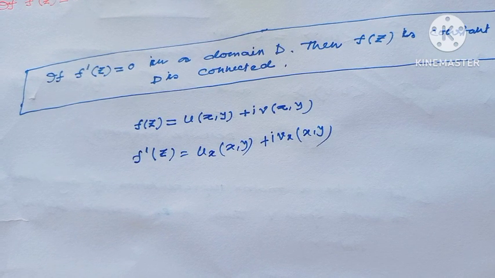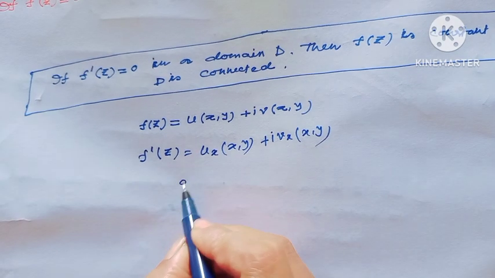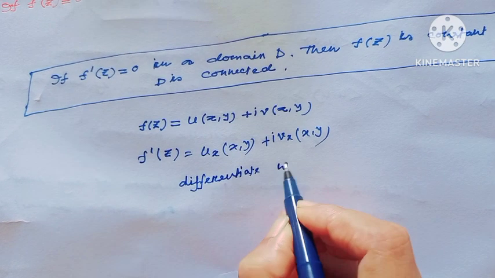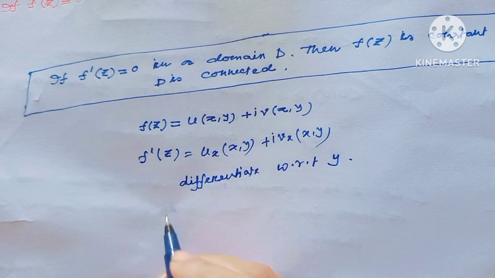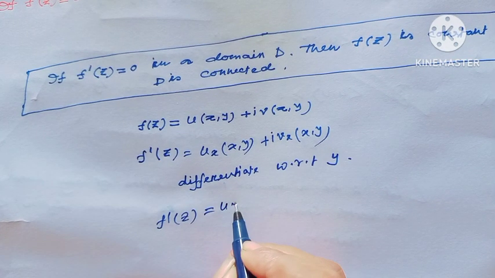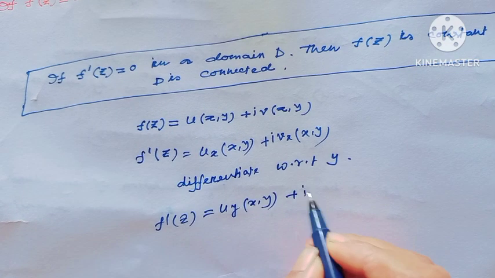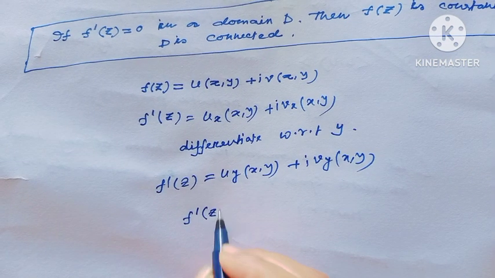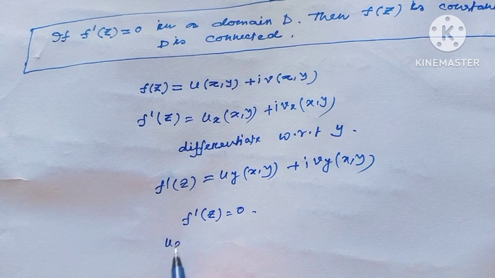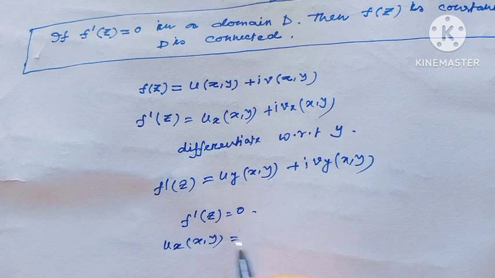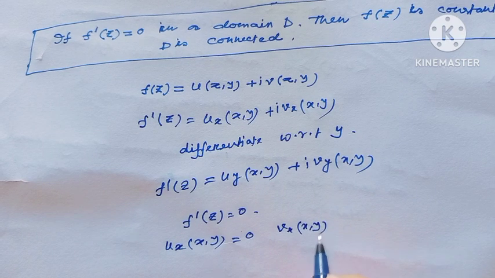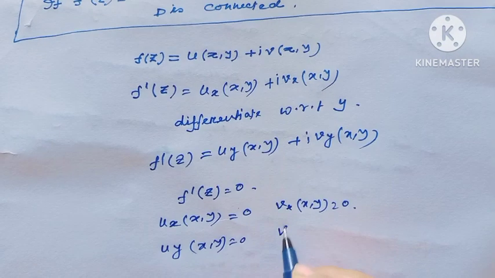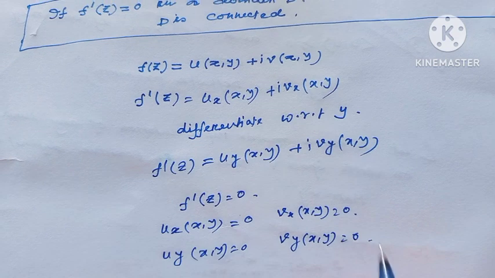Similarly, if we differentiate with respect to y, then f'(z) would be u_y(x,y) plus i v_y(x,y). Then f'(z) equal to 0 implies u_x equal to 0, v_x equal to 0, u_y equal to 0, and v_y equal to 0.